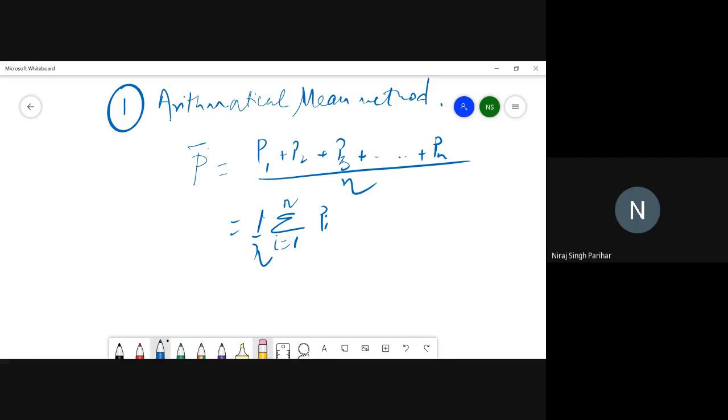Now, can anyone tell me when can we use this method? बहुत ही simplistic method है, पर क्या हर condition में use कर सकते हैं इसको? Can anyone tell me?